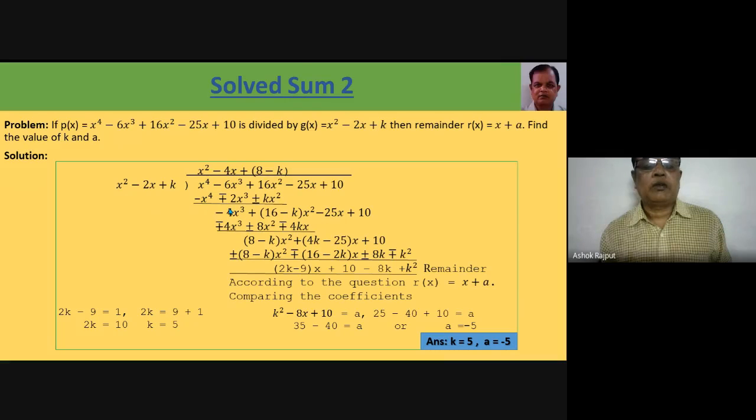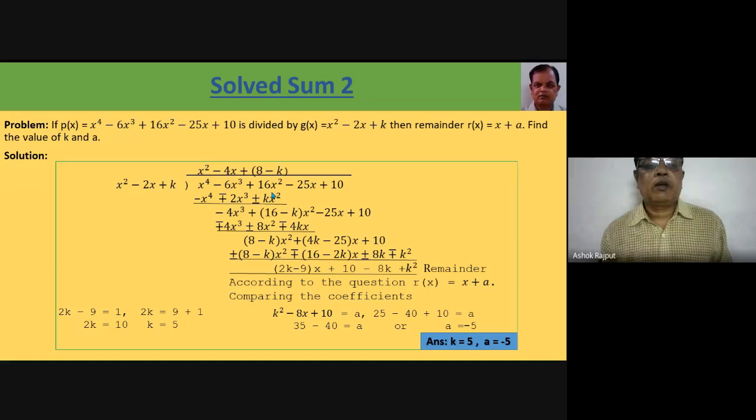Because we are going to subtract, we change the signs. Now we see it is equal and opposite, so it is cancelled. Here x cube is negative and 2x cube is positive, so we find the difference; the negative value is greater, and 6 minus 2 is 4.